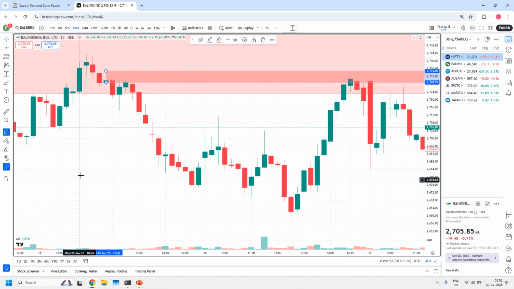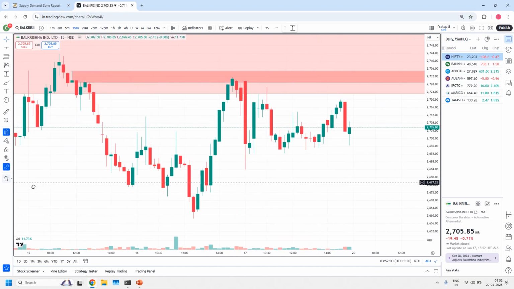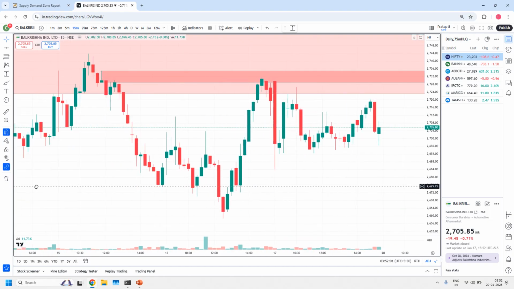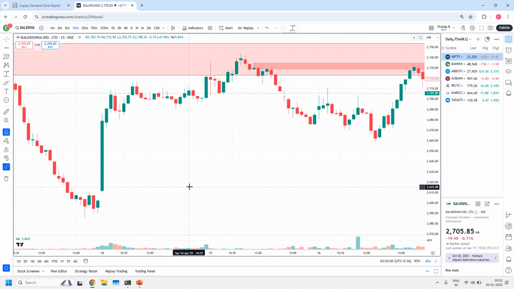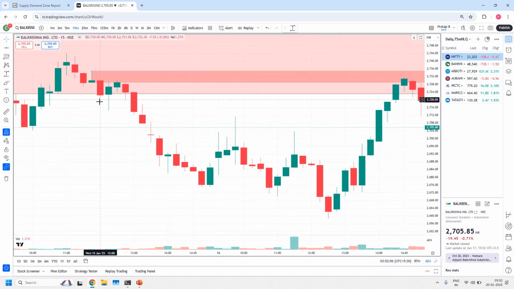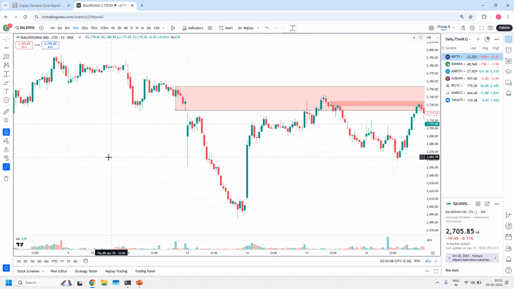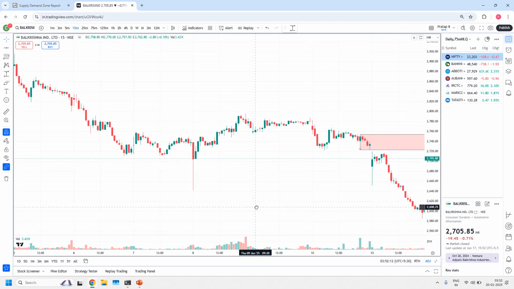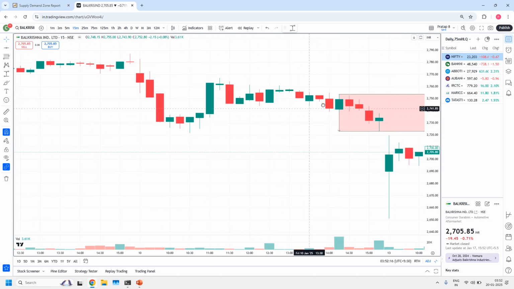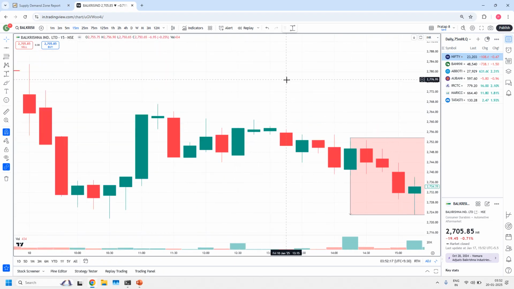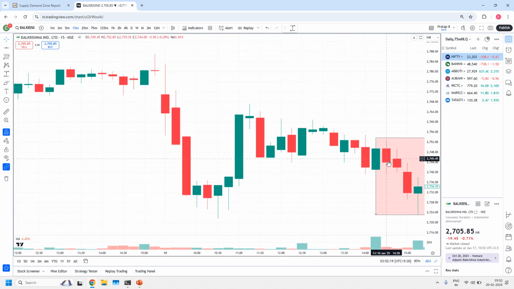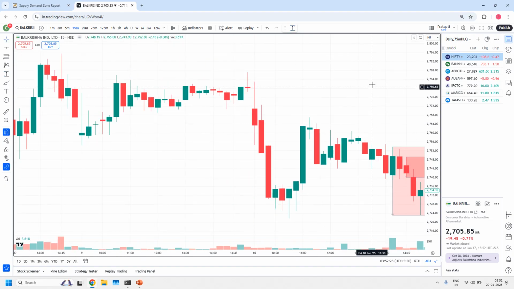This is a 15 minute supply zone. Drop, base, drop. Anything else before? We have drop, base, drop. This is violated, but the biggest problem is sometimes because of gaps. So this is a drop, base, drop. This is a 15 minute zone.